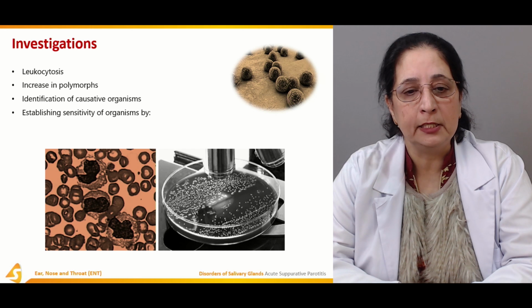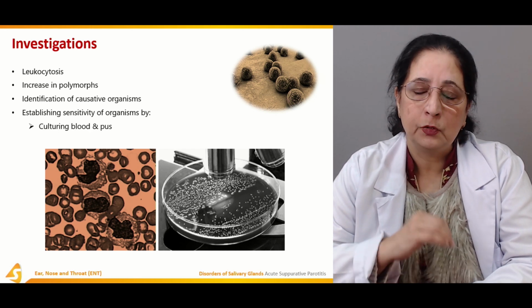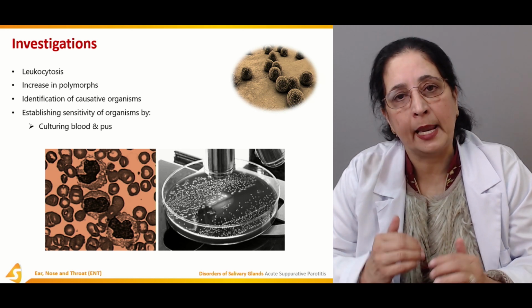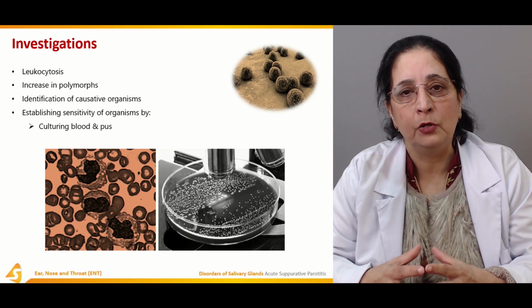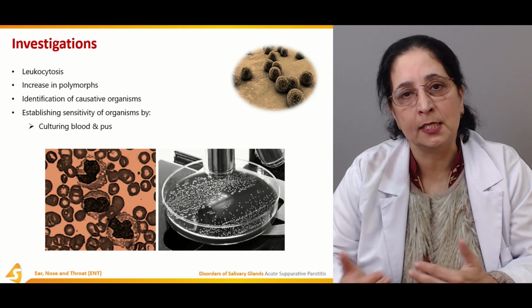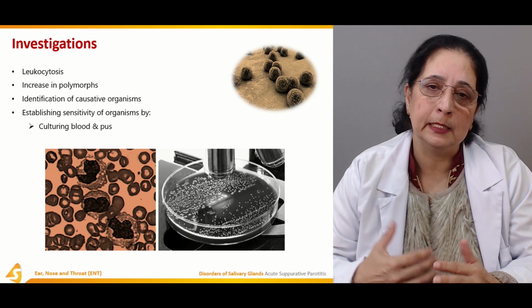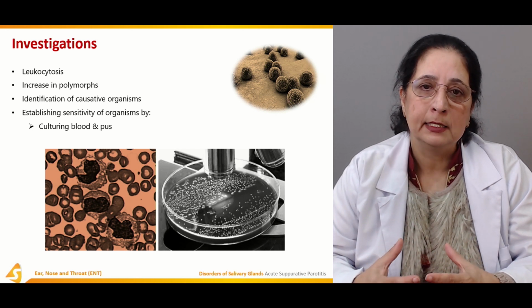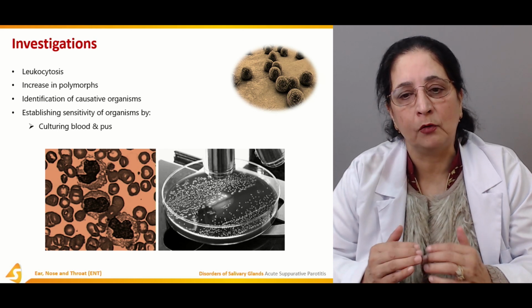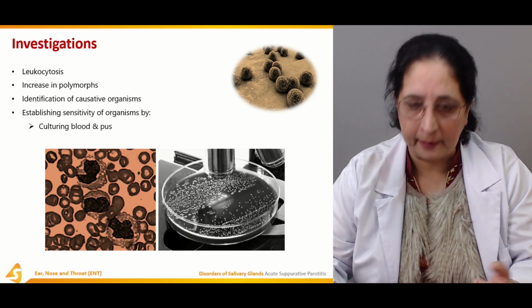Establishing sensitivity of the organism by culture of blood and pus: culture is the method by which the causative organism can be grown, and we should know exactly what the causative organism is. Once we know it, specific antibiotics that are effective against that microorganism are started, and then recovery is fast.